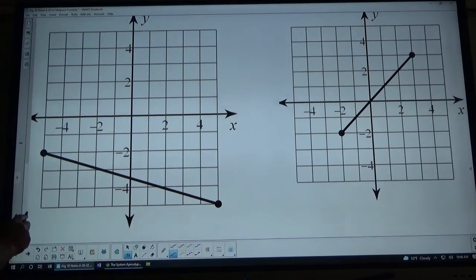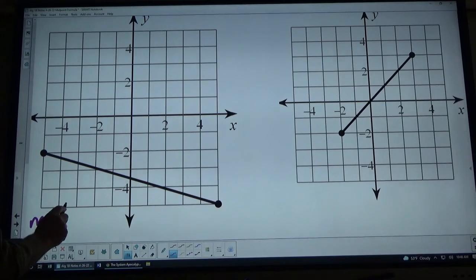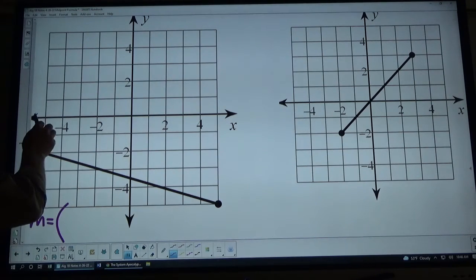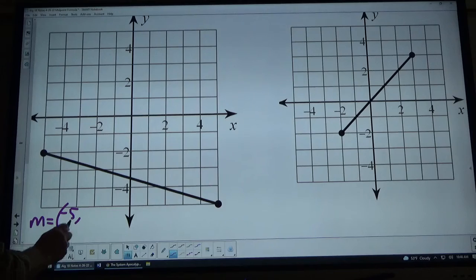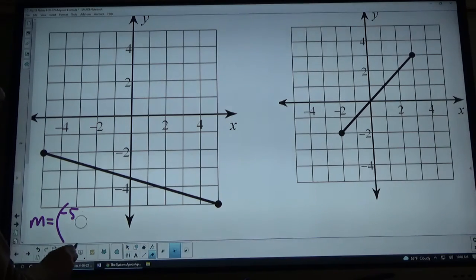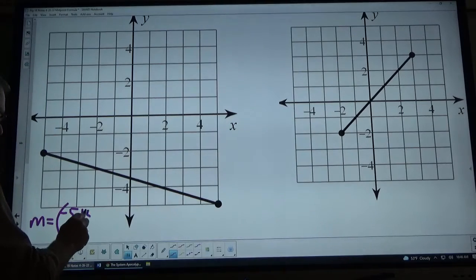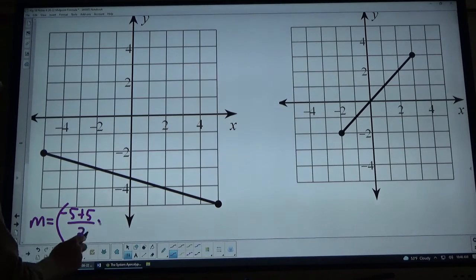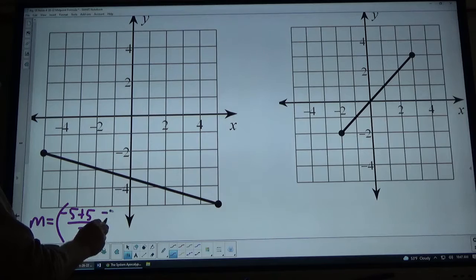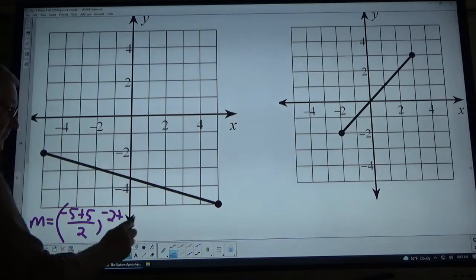So in this case, negative 5, oops, not comma, plus, positive 5 over 2, negative 2, negative 5.